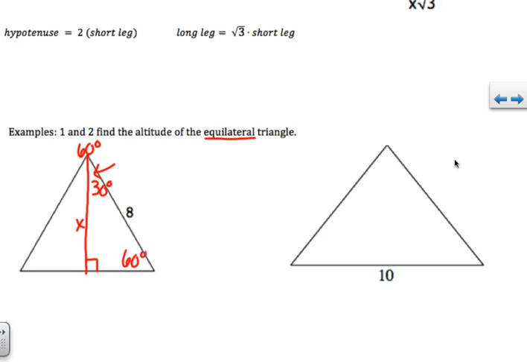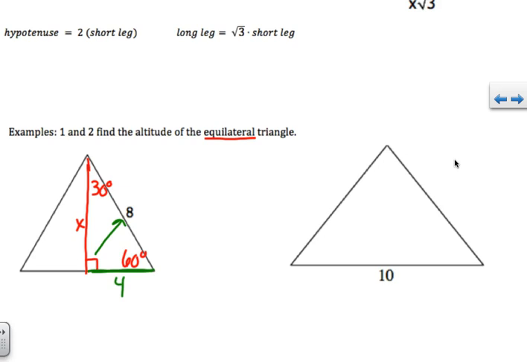Okay? So now I can use my 30, 60, 90 triangle to find my missing sides. Now I know the hypotenuse is 8, so to find this short side, I'm going to divide it by 2 to get 4. So always find the short side first.